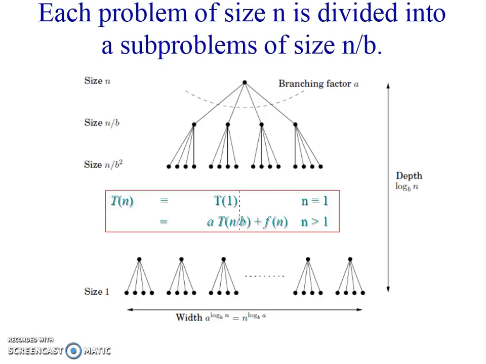If T of n is the time taken to solve a problem of size n, it is going to be T of 1 or some constant when n is equal to 1, else the recurrence relation is going to be a times, because I have divided the problem into a subproblems, a times the time taken to solve each of the subproblems, which is nothing but T of n by b, plus f of n, where that f of n is a function of size n representing the time needed to divide and combine the solutions later.